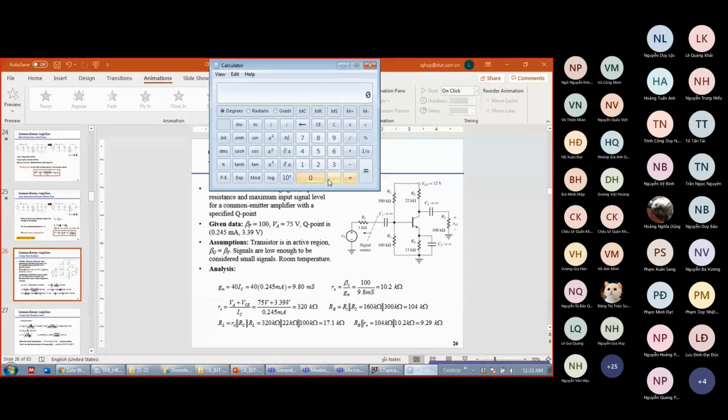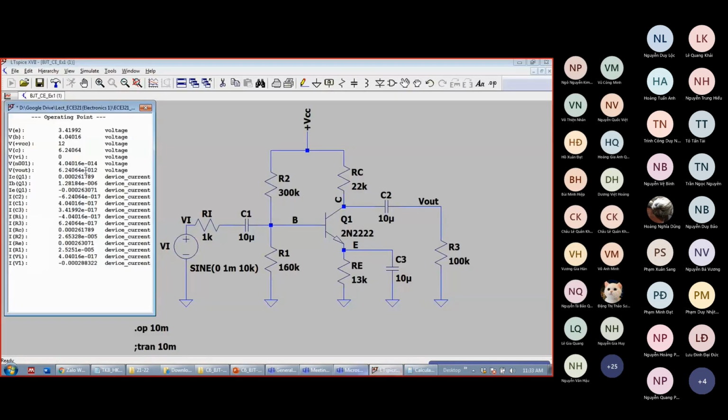So you take 0.26 minus 0.245, multiply by 100 and divide by the true value, 0.26, and the error is only 6%. So it's acceptable.